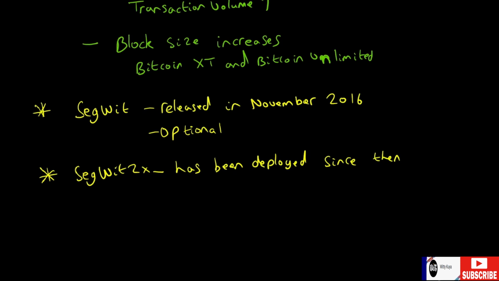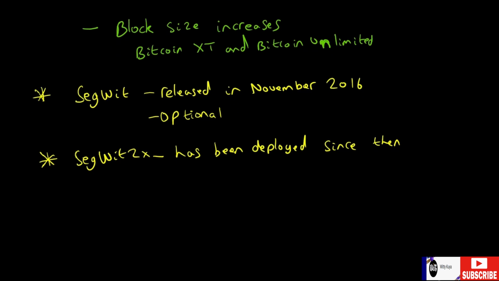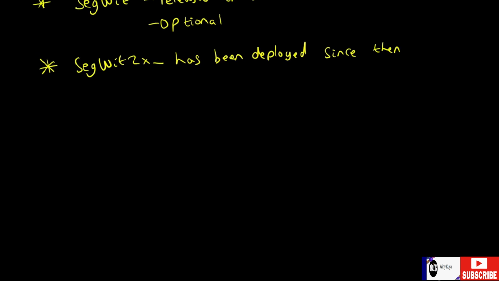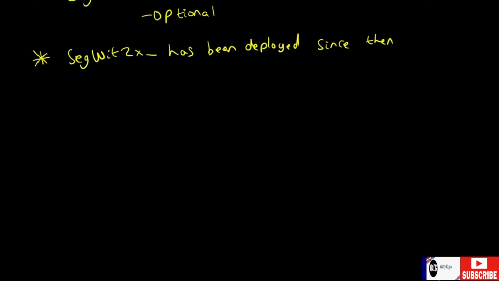So, is everyone in support of this? Well, no, not everyone is in support of SegWit2x. So let's discuss some of the advocates and some of the people opposed to it. So the supporters, they are as follows.